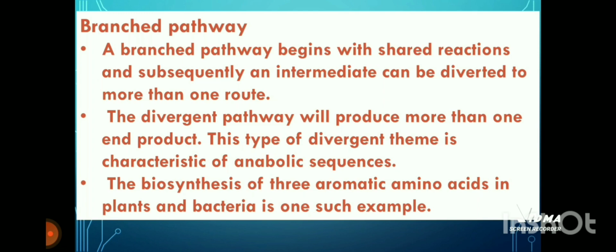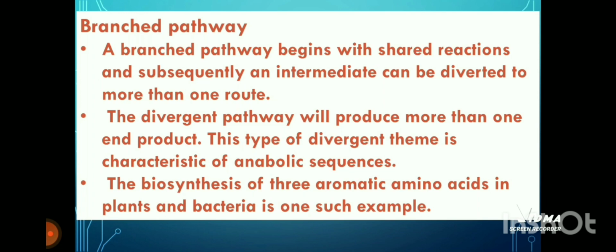If we try to understand it in a simple way, the branched pathway begins with a shared reaction, then divides into more than one route. Then what happens? Having divided into more than one route, they produce more than one end product, and the production of more than one product is characteristic of an anabolic sequence.